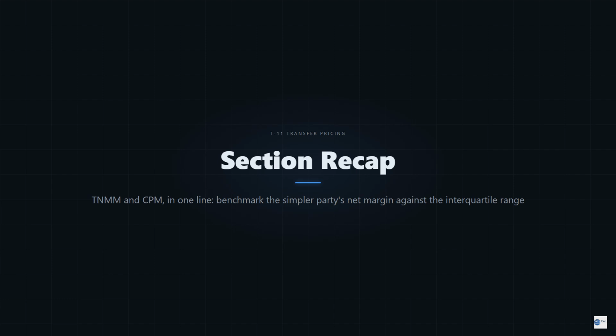Let's bring it together. TNMM, called CPM in the United States, is the most widely used transfer pricing method globally, measuring net operating profit margin rather than gross margin or price. The tested party is the simpler entity, the one without the unique intellectual property or the key risk-bearing functions, and its margin gets compared to a set of 10 to 30 comparable independent companies.